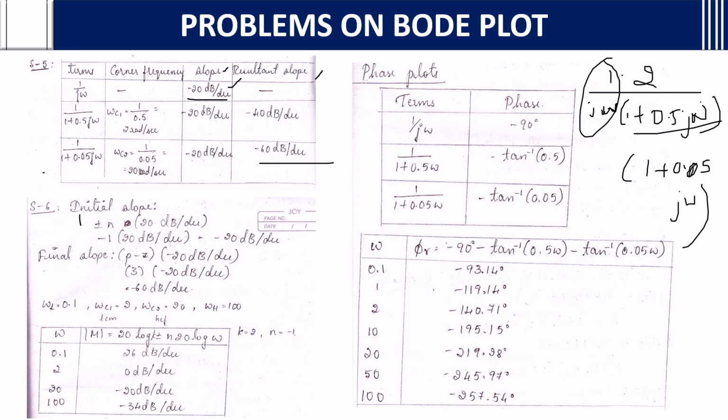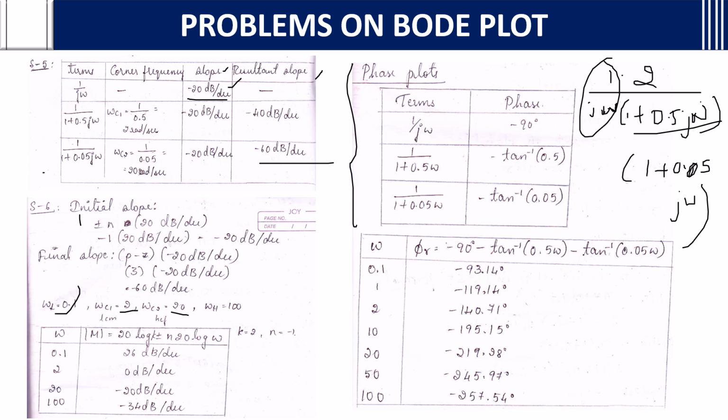After this, we will write what? The magnitude plot. This is a magnitude plot and this is a phase plot. For the magnitude plot, we have the corner frequencies 2 and 20.